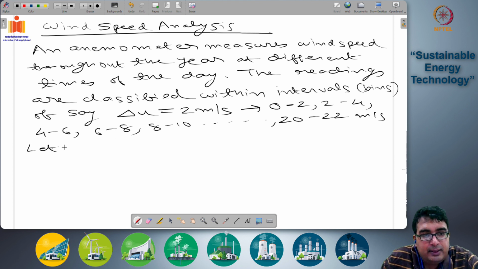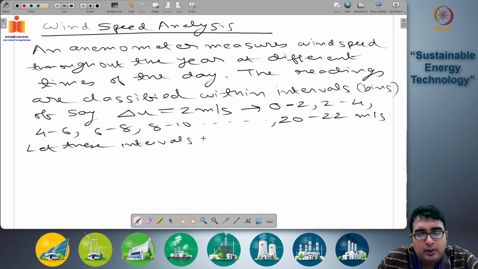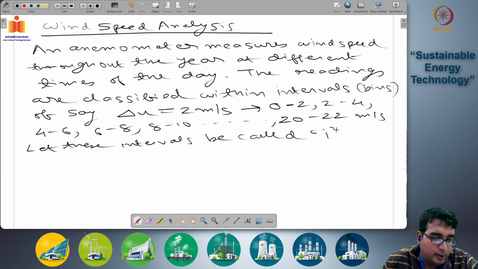So let these intervals be called i. So here i is going from interval 1, interval 2, up to, say, interval n. Okay.